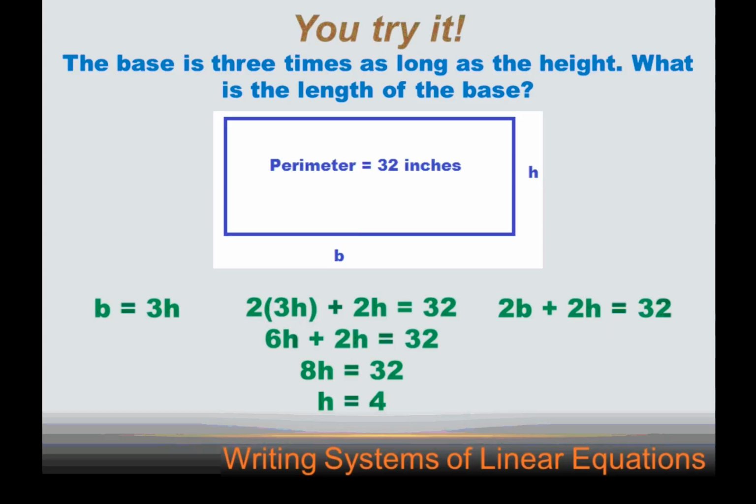And then I solve for h, and I get h equals 4. So the height of this rectangle is 4, but what's the base? Well, we know that the base equals 3 times the height. So if I substitute 4 for h, the base equals 3 times 4, or 12.